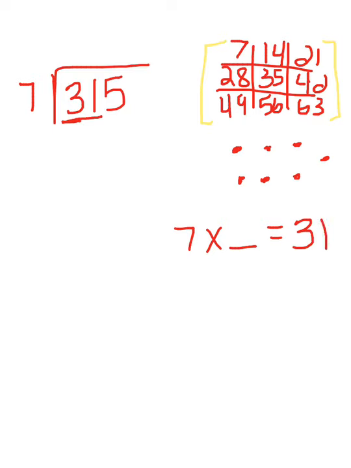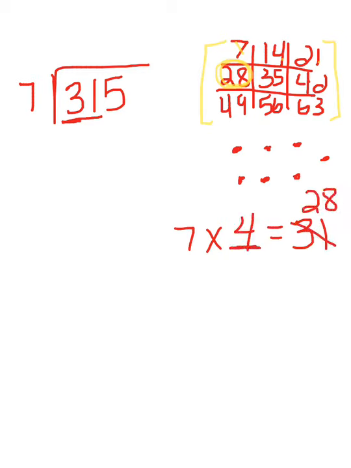Okay, so then look back up in your tic-tac-toe chart. Do you see a number that's closest to 31 that doesn't go over? Should be the 28. And if you're counting, 7 times 1 is 7, 7 times 2 is 14, 7 times 3 is 21, which means 7 times 4 is 28. Okay?